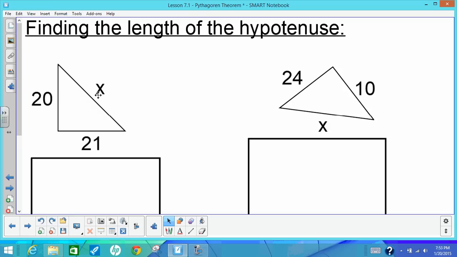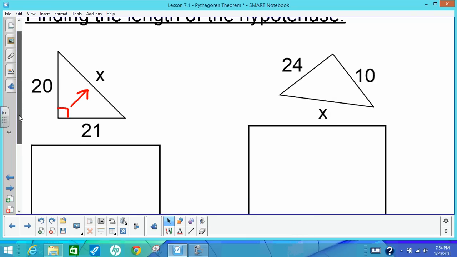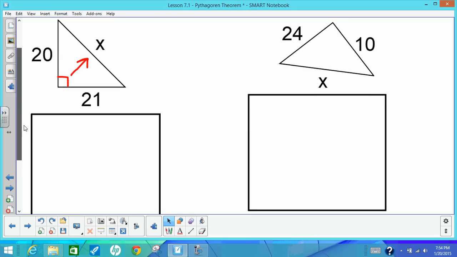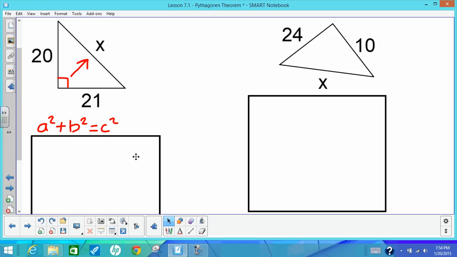Another way we can apply this is if we're actually looking for the hypotenuse length. So here I have a right triangle where my two legs are 20 and 21, and my hypotenuse is x. So 20 and 21 can go in for a or b. Doesn't matter which goes in for which. I always start with my Pythagorean theorem.